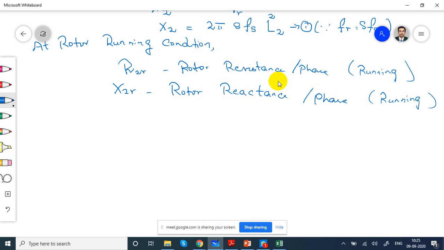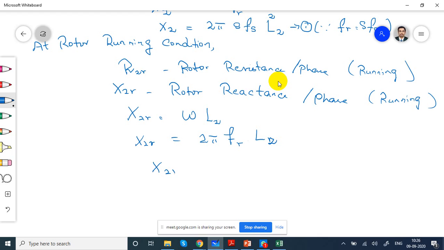So X2R equal to, in the same way, omega into L2, where omega equal to 2 pi Fr. Fr equal to S into Fs.